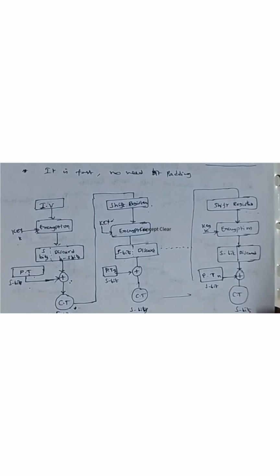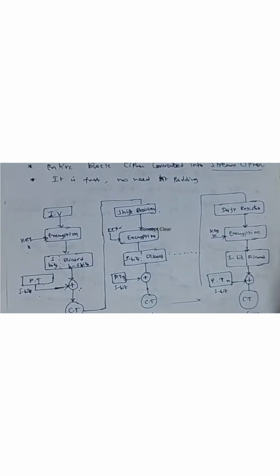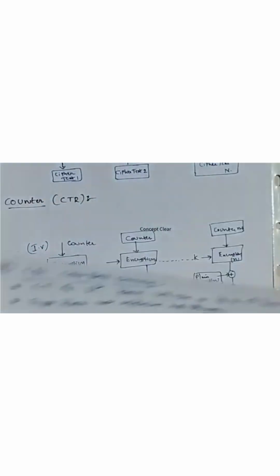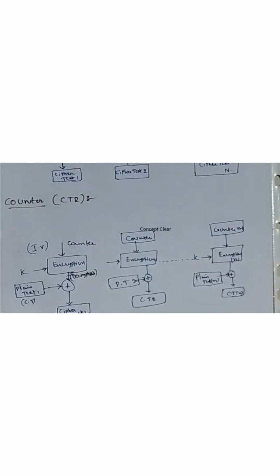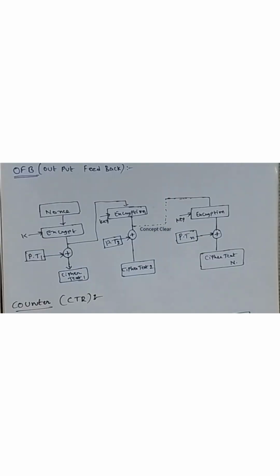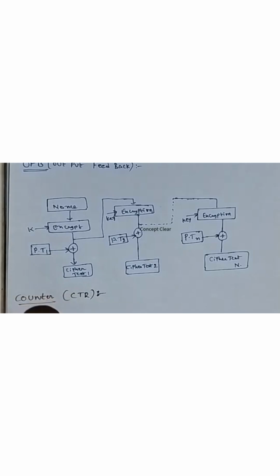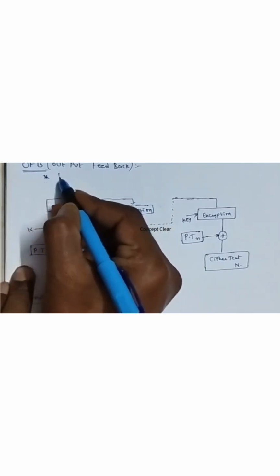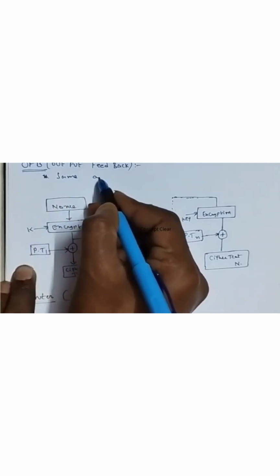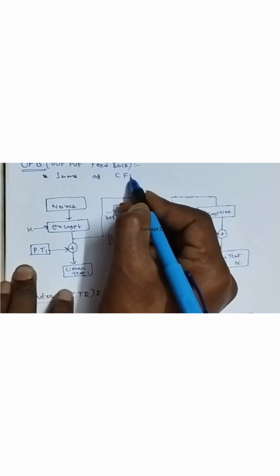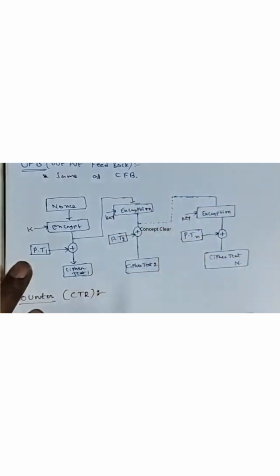Okay, the next mode is OFB. What is OFB? It is the same as cipher feedback block, the same as CFB.